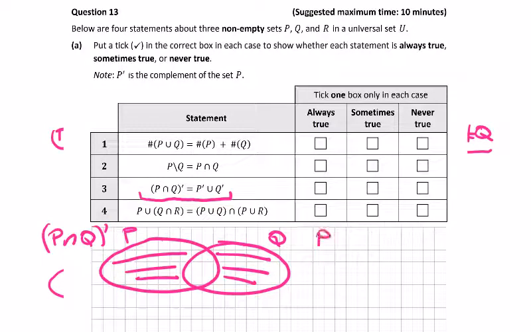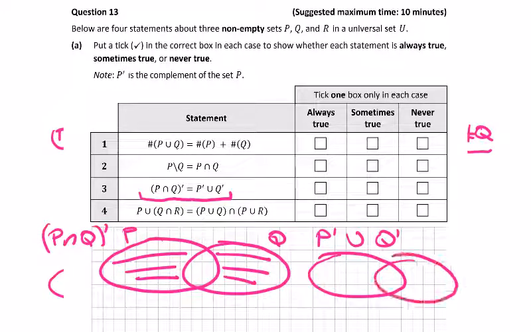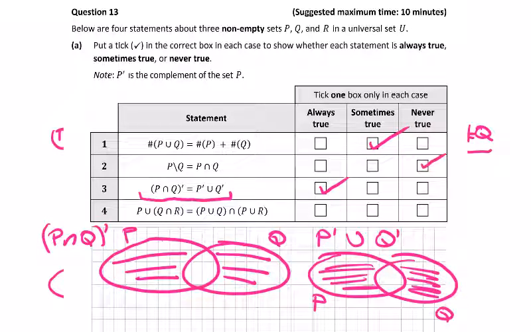And P complement union Q complement. Let's do that here. P complement is everything outside P, which will be here, and we bring that together with everything outside of Q. I'm just going to label them P and Q. That would be that over there. So yes, that's definitely always true. So we had a sometimes, a never, and an always. So let's look at scenario 4.